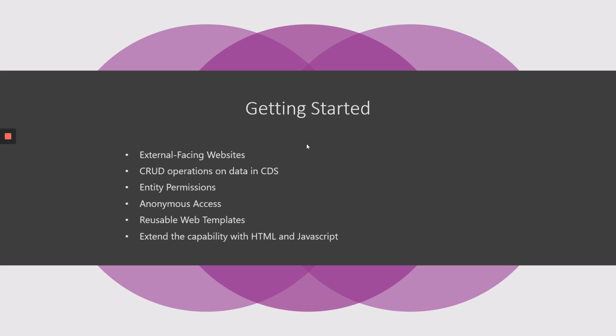What I mean by authenticated users is the person who is logged into my application. Since this is an external facing website, anyone can access it, and for the home page or any publicly available page, there is no need for login. So if someone is logged in and I only want them to see a specific page, and that page contains data from CDS, I can set the entity permissions that way.